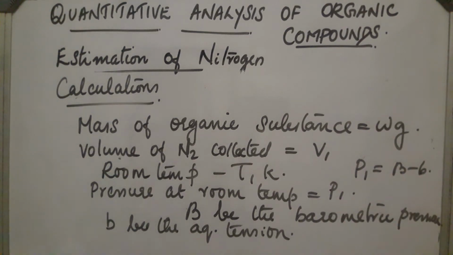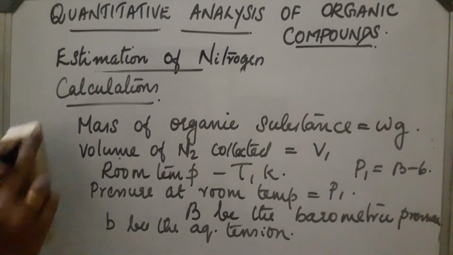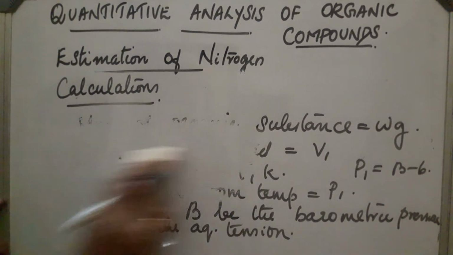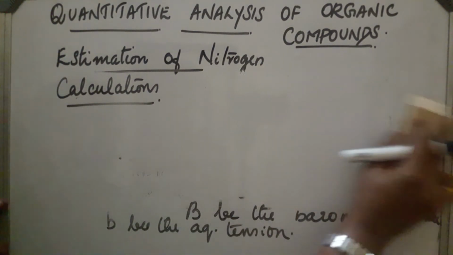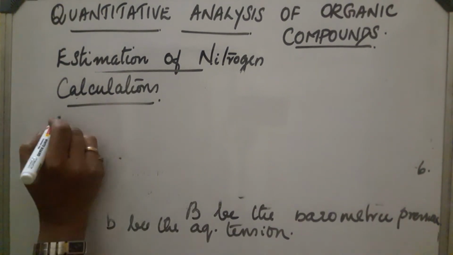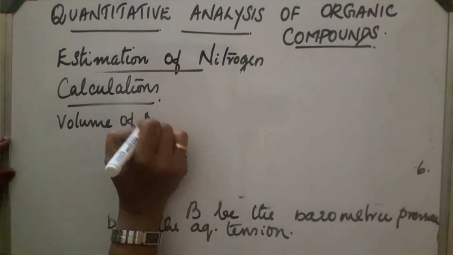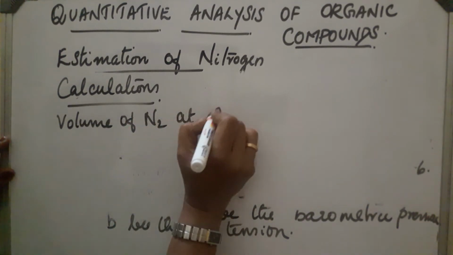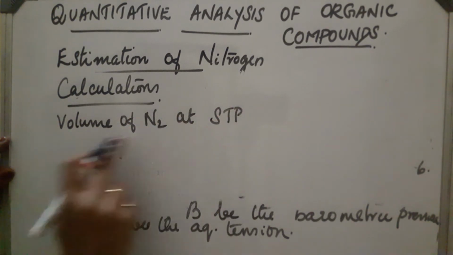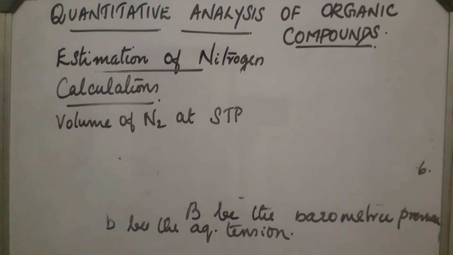From this we can calculate the volume of the nitrogen at STP. Let the volume of nitrogen at STP be V. After calculating this, we can calculate the weight of the nitrogen at STP.